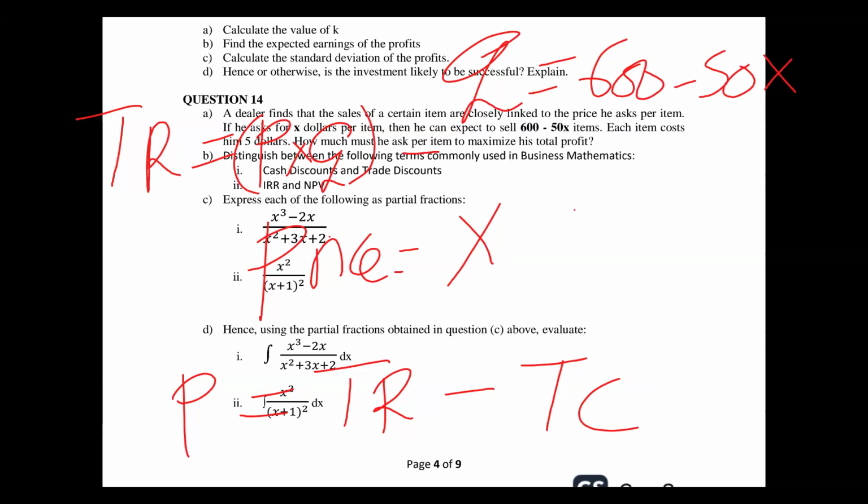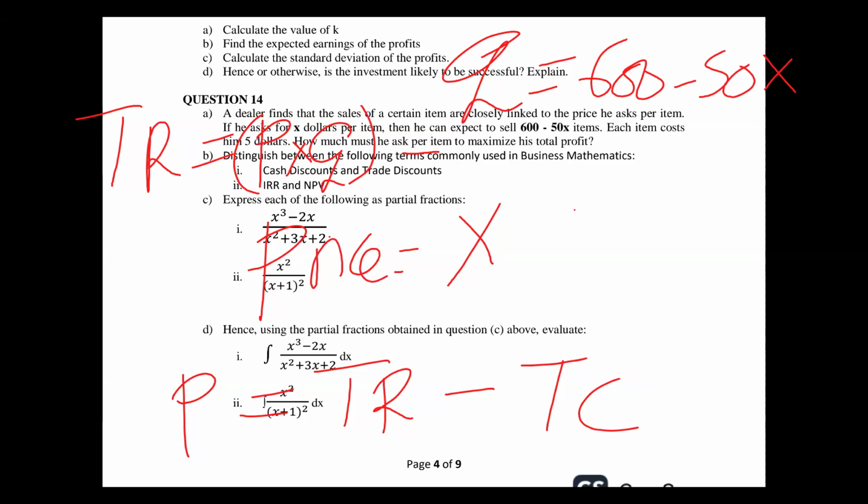And our total cost in our case, since we are given the cost per unit, shall be the cost per unit, which is in our case the $5, multiplied by the units.